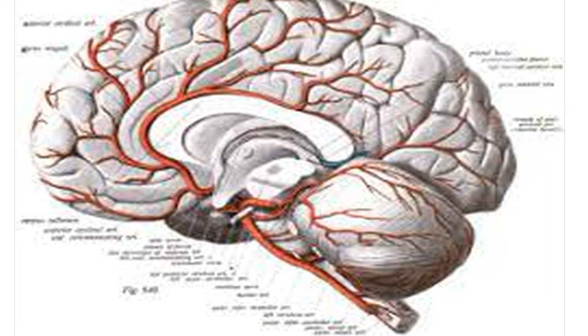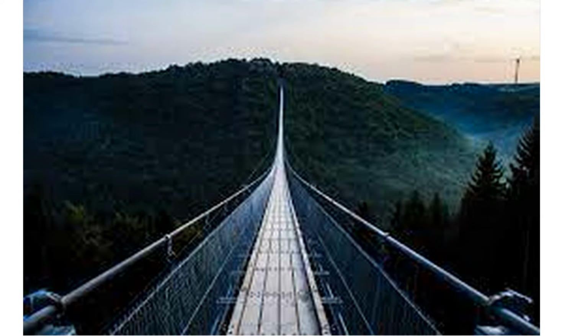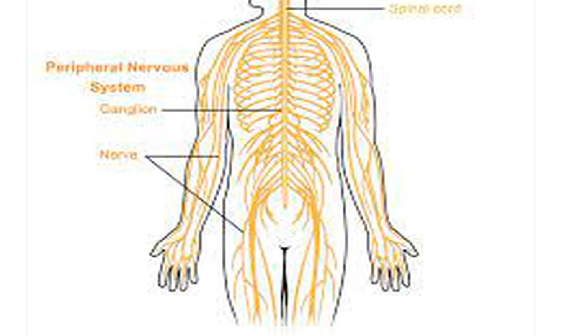The brain is the command center of the body and the spinal cord is the pathway to that command center. The spinal cord is the extension of the brain that gathers the information at each vertebral level and sends it to the brain. The peripheral nervous system is also very complex and we will learn it in depth as our lectures proceed.